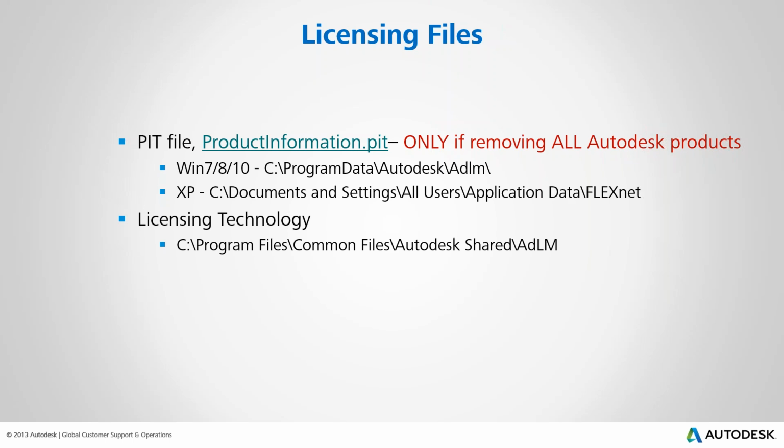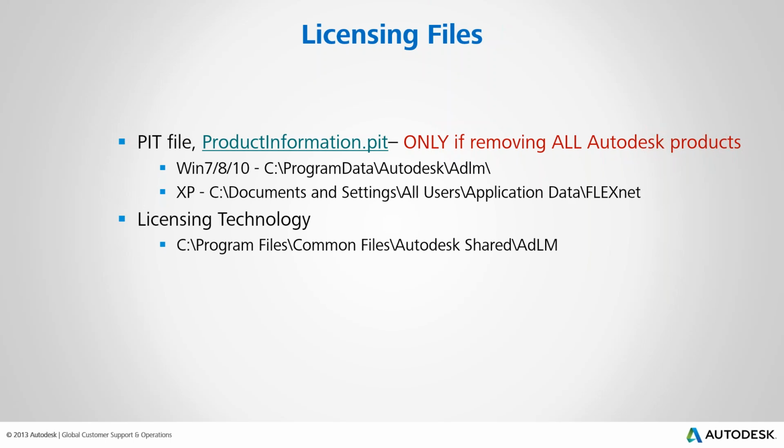So that file on Windows 7, 8, and 10, which is probably what most people are going to be using, is under C, Program Data, Autodesk, ADLM. That folder is also where the log file is going to be that would tell you that that product information.pit file is corrupt. Under that folder, you're going to see ADLM logs for each of the Autodesk products you have installed. Those are just text files.